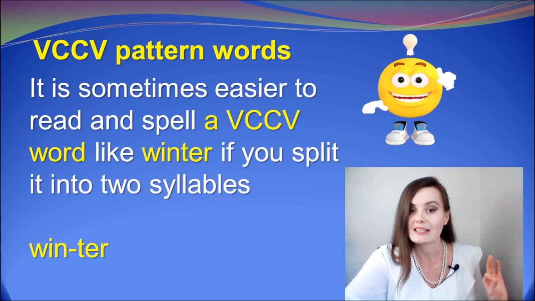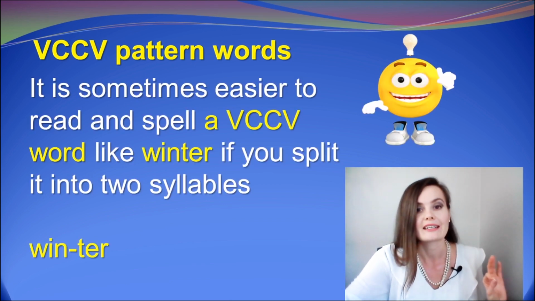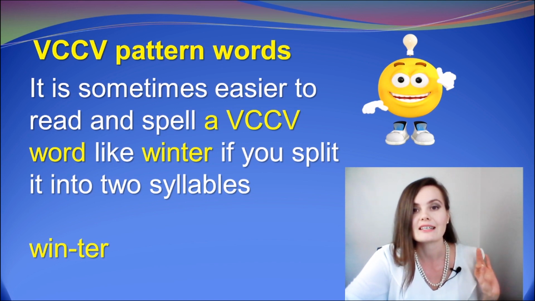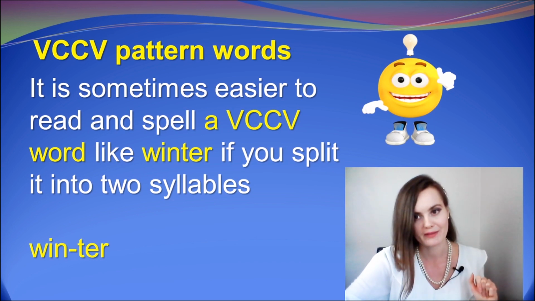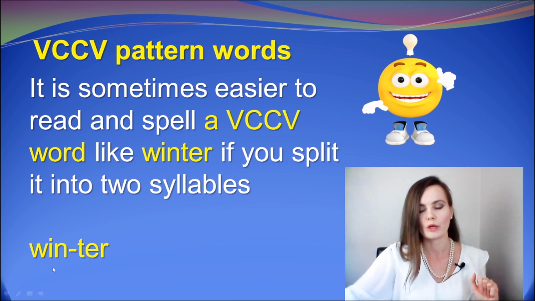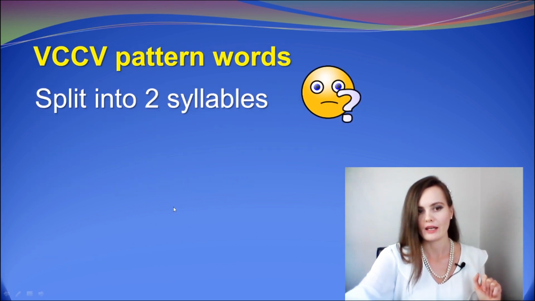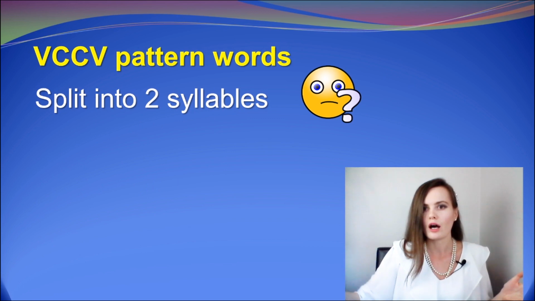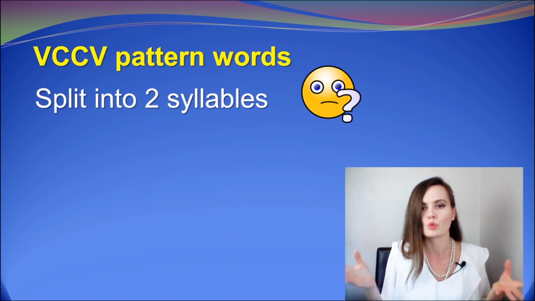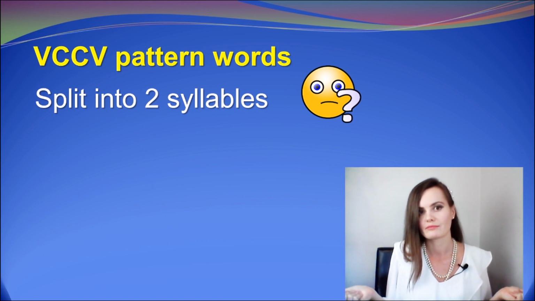It is sometimes easier to read and spell a VCCV word like winter if you split it into 2 syllables. For example, like winter. Okay, so you will ask me, how do I split these words into 2 syllables?